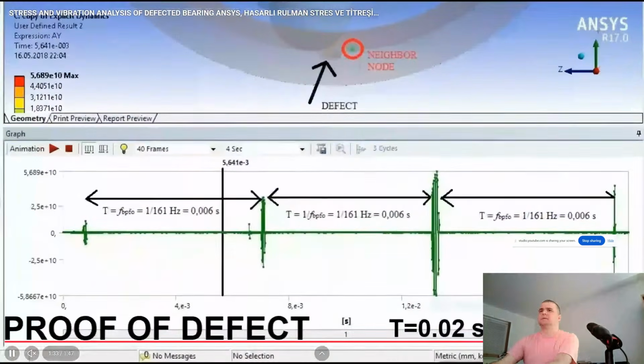Yes. He has a defect. Hole, and yeah, there are some jumps. And something. I think this is acceleration on y-axis.